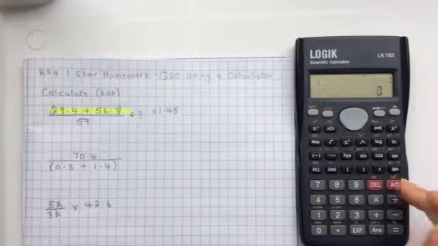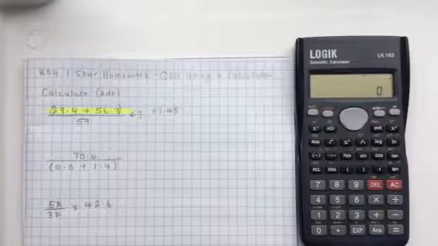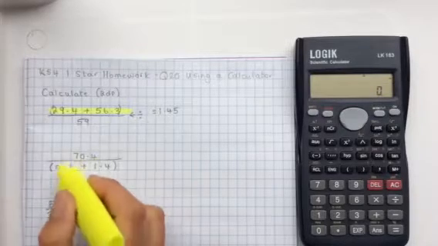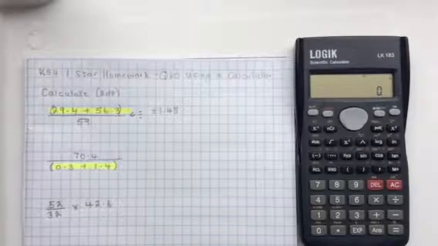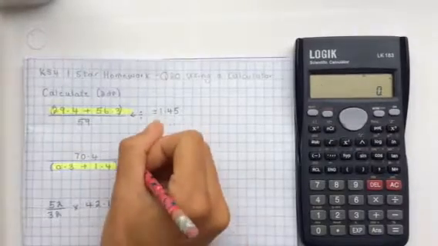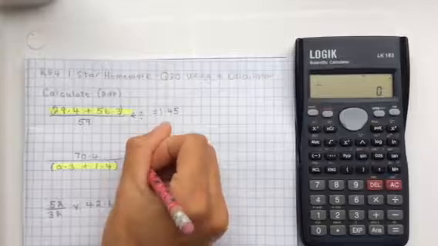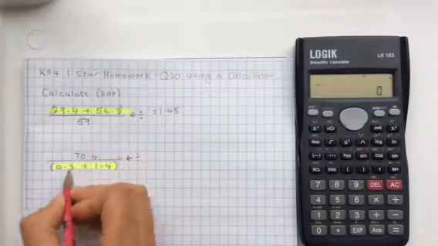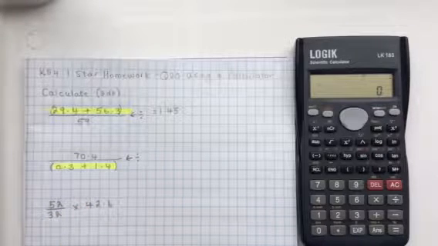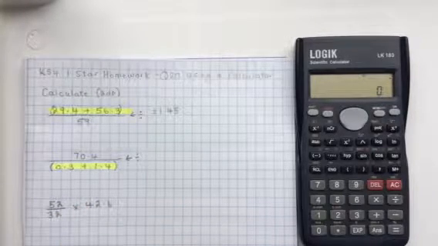Okay, going on to the next one. This time the sum is actually under the division, which means we're going to either want to work out what that is first and then divide the top by the bottom. So that is an option for you, or we can use the button that I just showed you with the brackets.